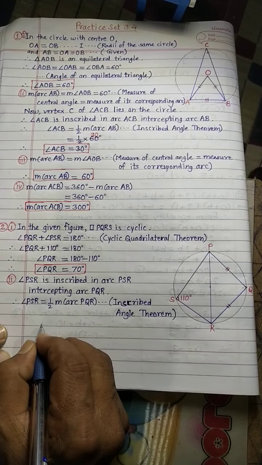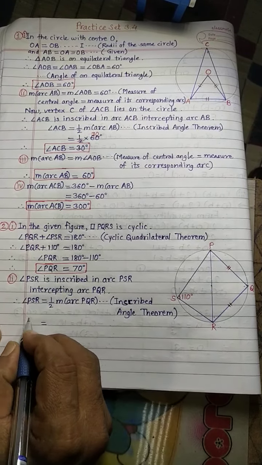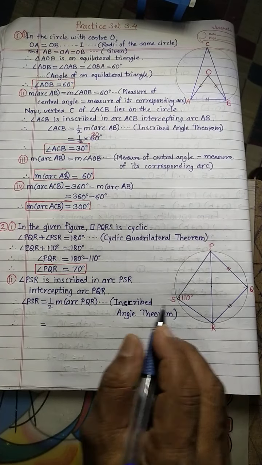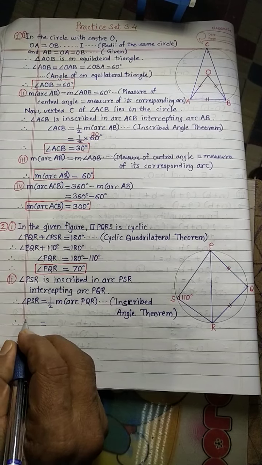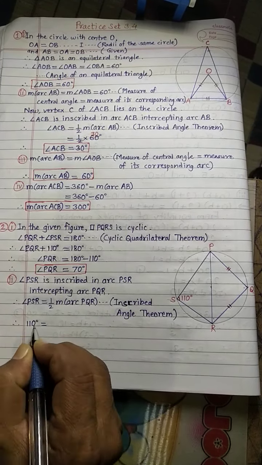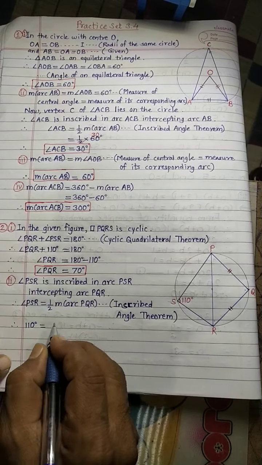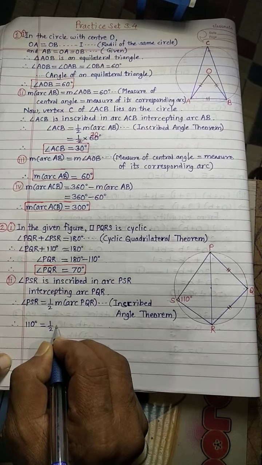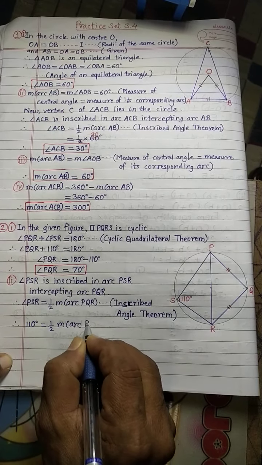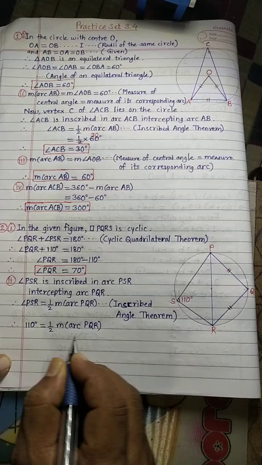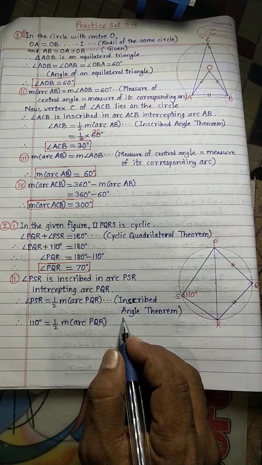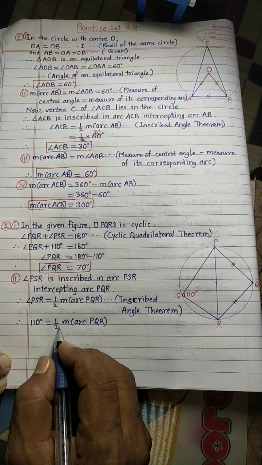Okay, so here measure of angle PSR is equal to 110. So here 110 degree is equal to half of the measure of arc PQR, by substituting the given values.